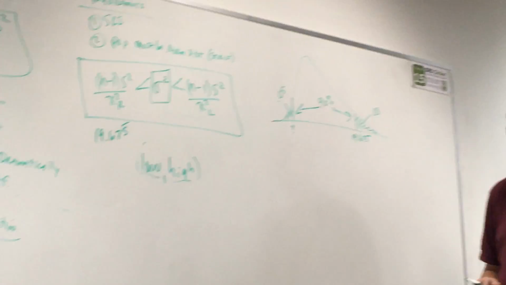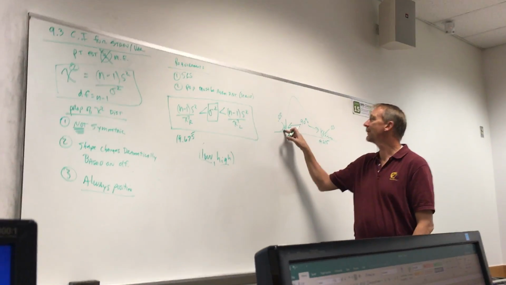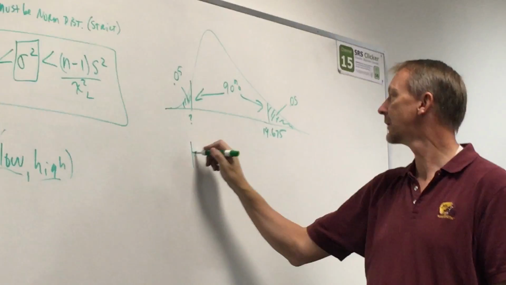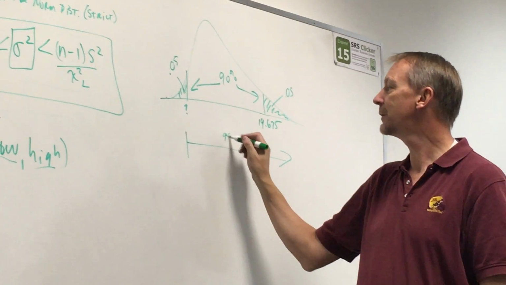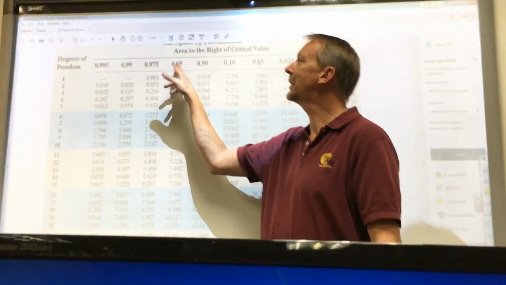Now this tells you what's to the right. If I want 5% to the left, what percent do I want to the right? I want 95% to the right. So I just looked at the 0.05 column, now I'm going to look at the 0.95 column.